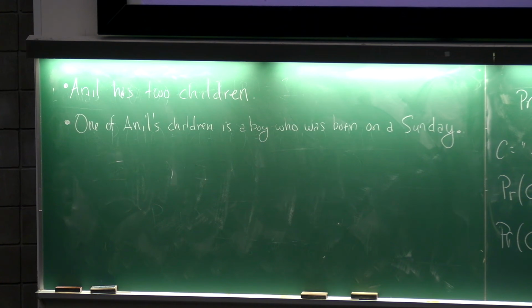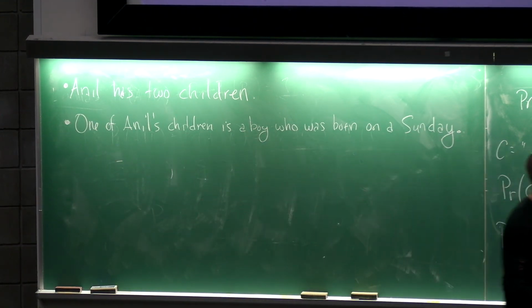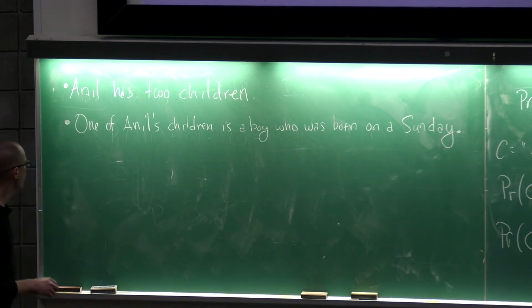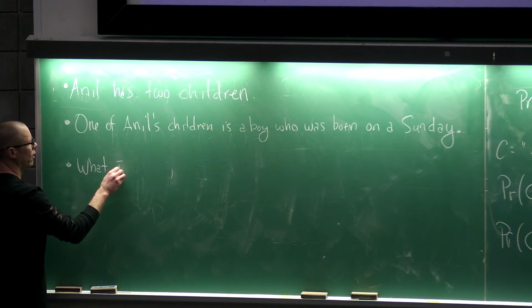Okay. All right, so yeah, one of Anil's children is a boy. That looks just like this, and then you told me some other stupid thing that he was born on a Sunday, but I don't care about that, because I'm about to ask the same question.